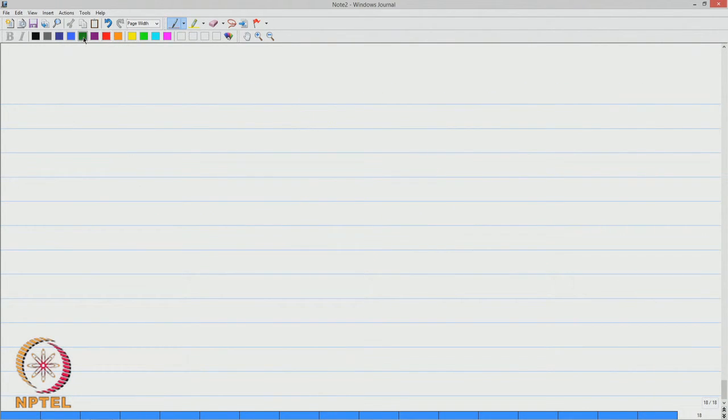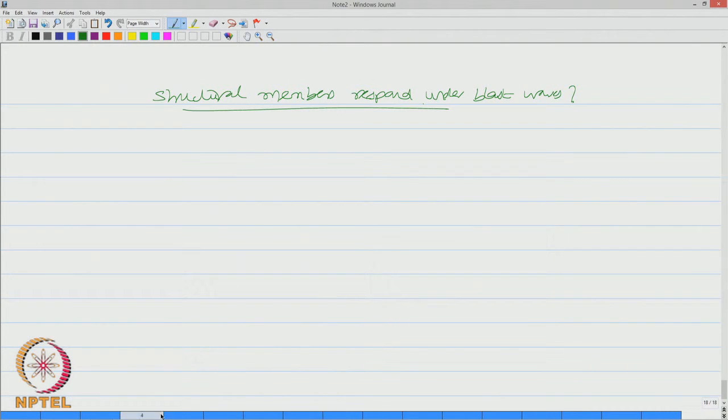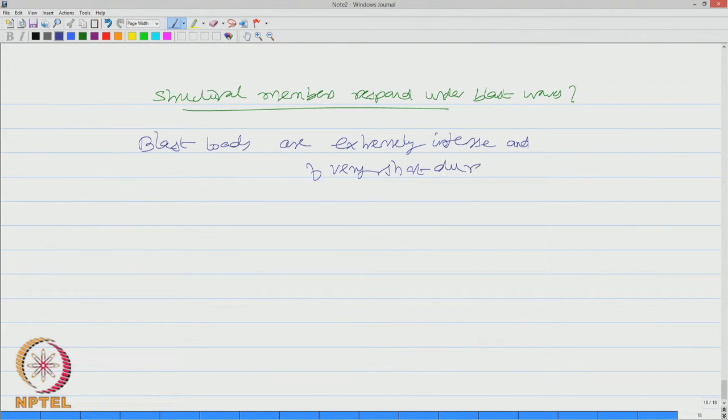Let us have a look at how structural members respond under blast waves. We do know that blast loads are extremely intense and of very short duration.